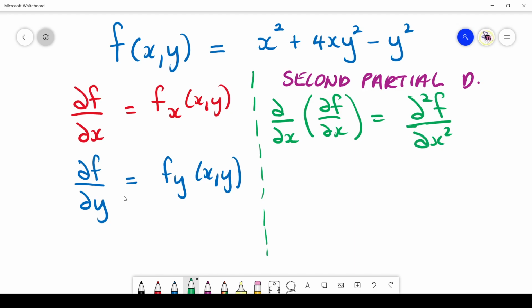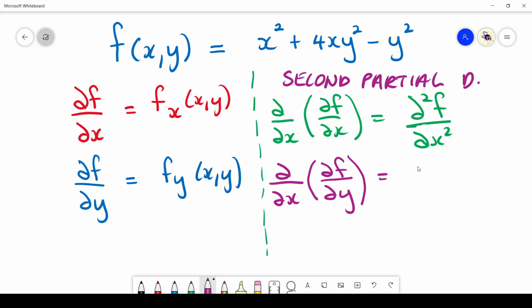Next up, you can have a situation where you differentiate your function with respect to x again, that's the second differential, but initially you had found delta f delta y. Now, what is that going to look like? Well, it's called delta 2f delta x delta y.